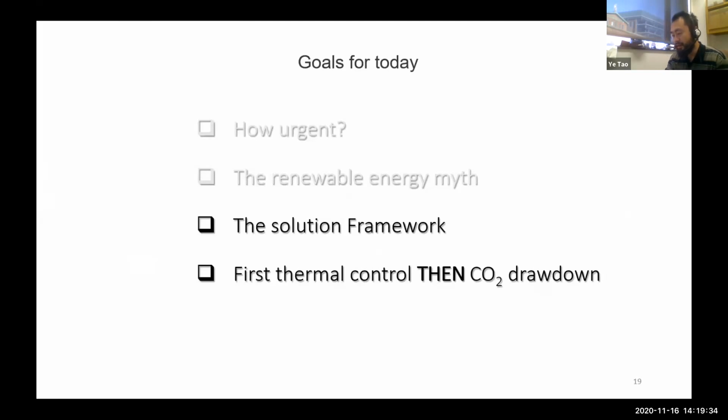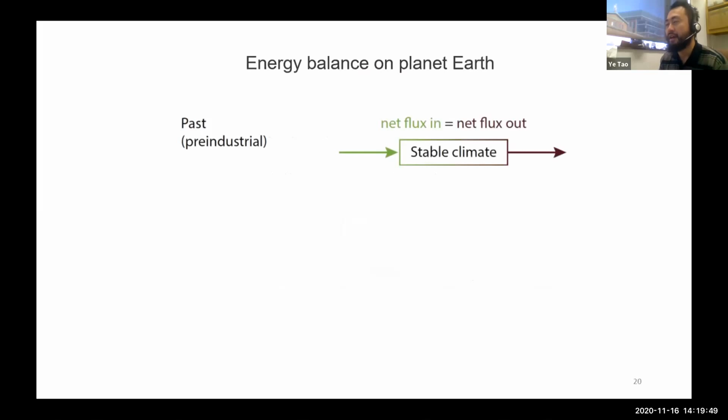So now, all that may sound hopeless, but I want to convince you that, to the best of my knowledge, there's one engineering compatible solution that we still have left. But before, let's take a quick refresher on the heat balance.